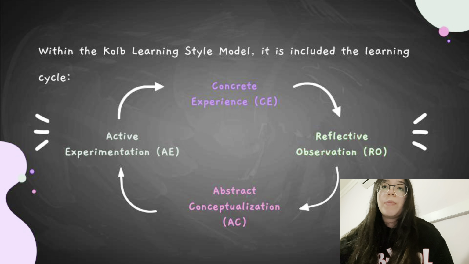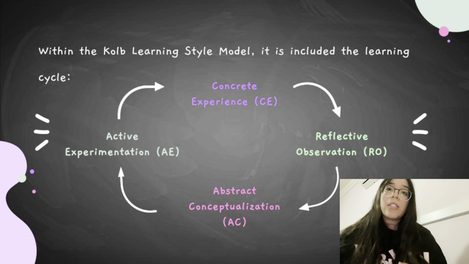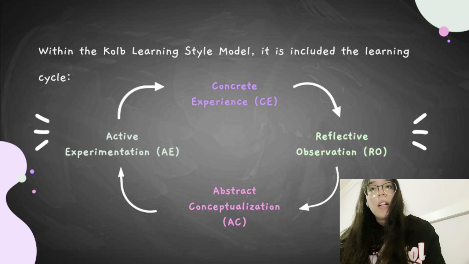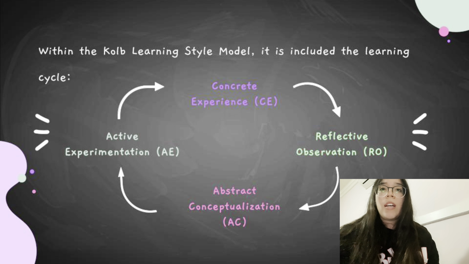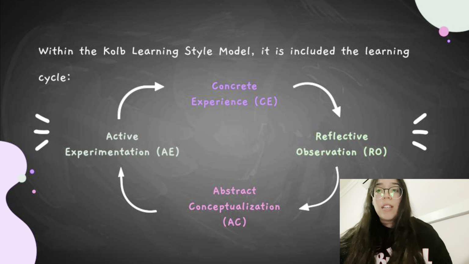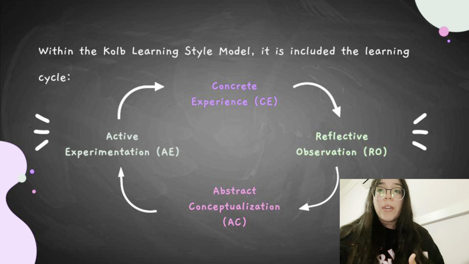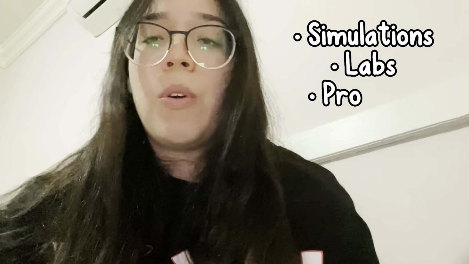This mode describes individuals who take an active role in influencing others as well as situations. These individuals welcome practical applications rather than reflective understanding, as well as they are active participants rather than observing. They are very active. So the activities to use are simulation, labs, or projects.